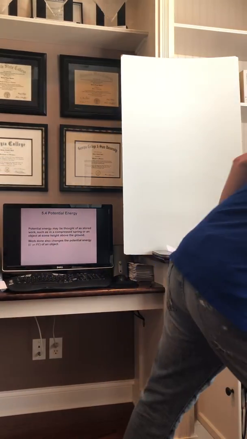Let me give you a simple example of that. Let's say this physics book was a little over 1 kilogram. And I were to set it on the floor and lift it 1 meter above the floor. So I applied a force to it through a displacement.